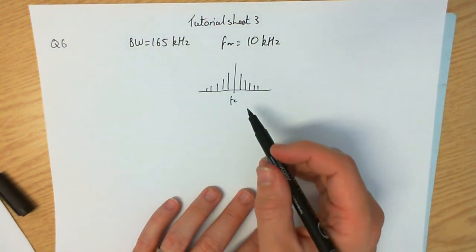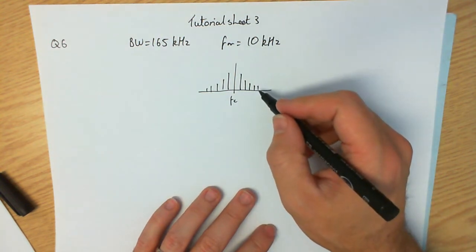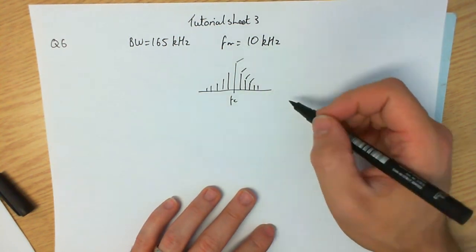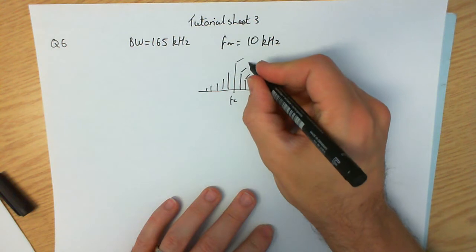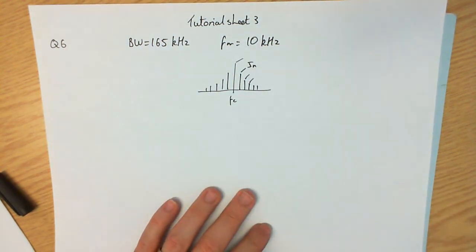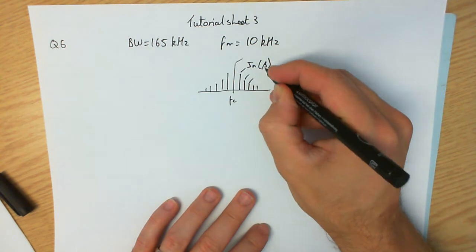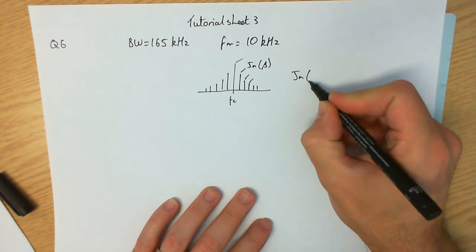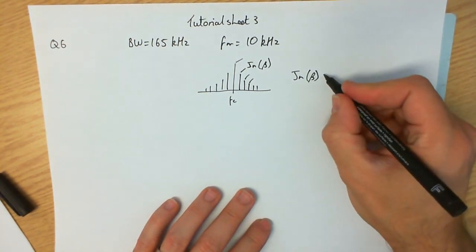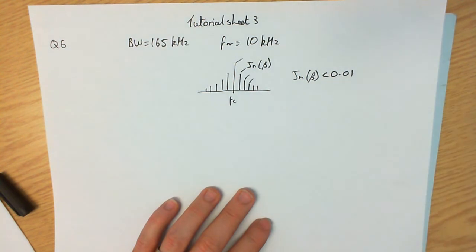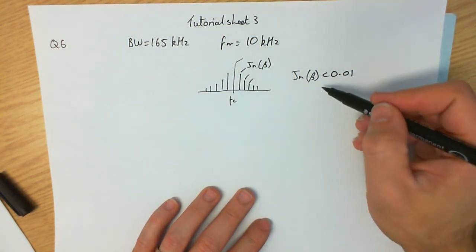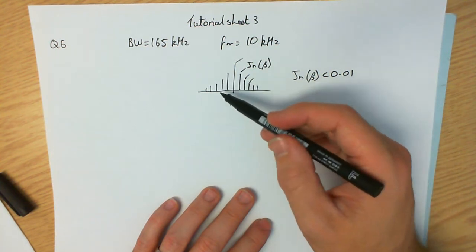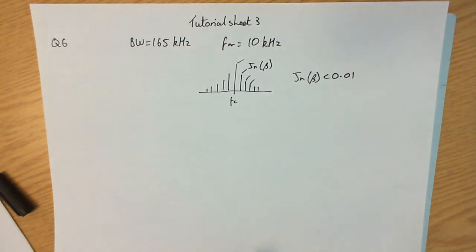And for bandwidth, one of the mechanisms for calculating bandwidth is that we know what the amplitudes of these sidebands are, because they're related to the Bessel function. And one of the methods is to say, well, when the Bessel function is less than 0.01, then we can ignore it. So that essentially then says we can have a number of significant sidebands which are actually useful to calculating the bandwidth.